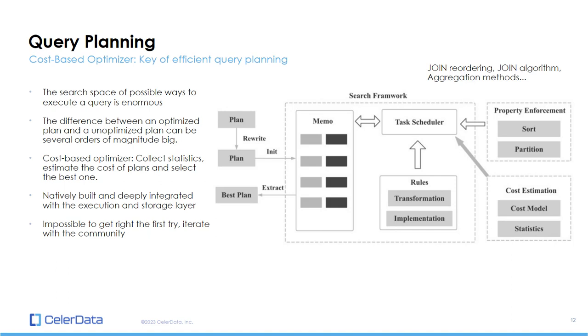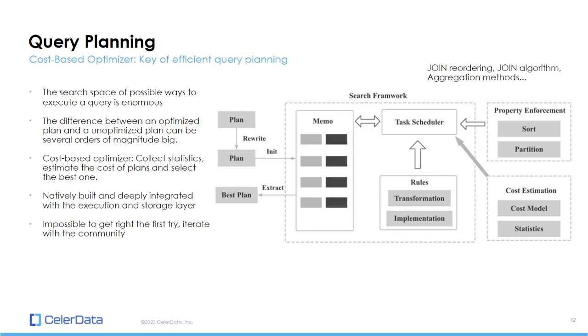So what a cost-based optimizer does is collect statistics from the data and use that data to estimate the cost of each plan, and thus select the best one, right? And this sounds simple, but it's really actually not. It requires a lot of optimization.